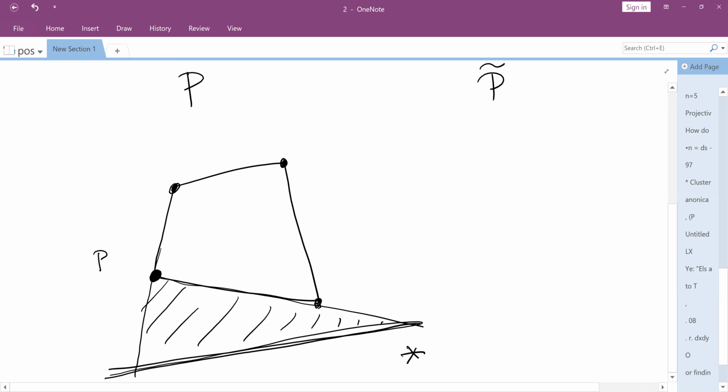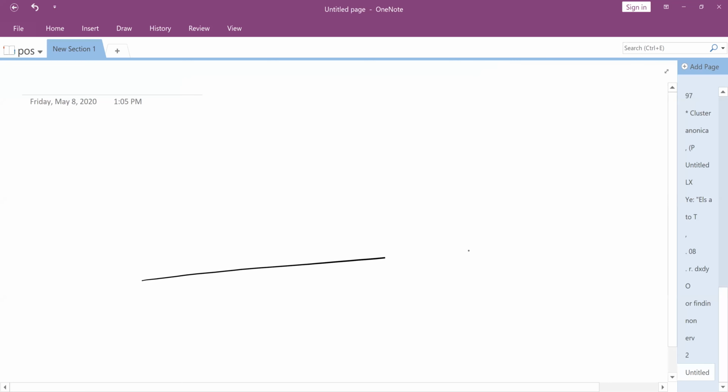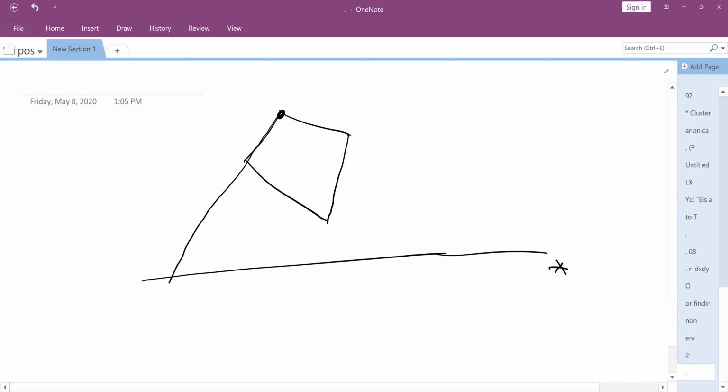So I go to every vertex. Let me draw it again. Maybe I'll draw it so I make it slightly less parallel lines. Let's say this is the star. I go to every vertex and I draw the triangles extending the sides meeting at the vertex. There is one, here's another one, here's another one.